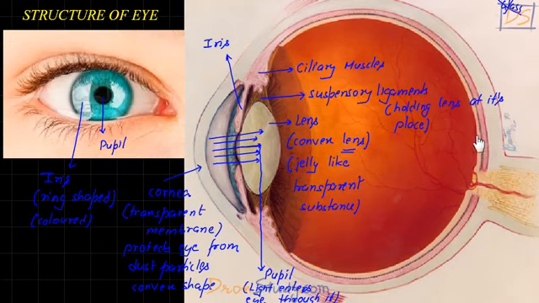Now look at this structure here, students. This wall-like structure at the back of the eye is again a very important part of the eye, and this is called the retina. Now you can see this is a nerve, students, right? So this is called the optic nerve.